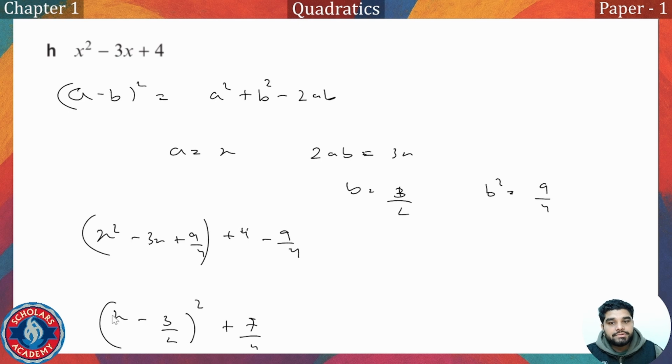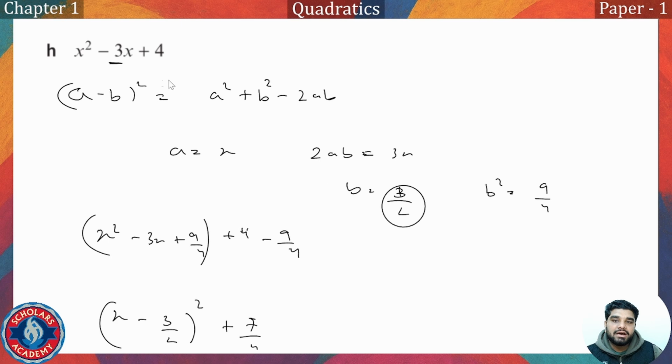Over here, b is half of the coefficient of x. So if we want to find b square, we'll half the coefficient of x. We'll not take the sign, we'll just choose a number. We'll ignore the sign, half the coefficient of x and square it. Then we'll get b square, right?